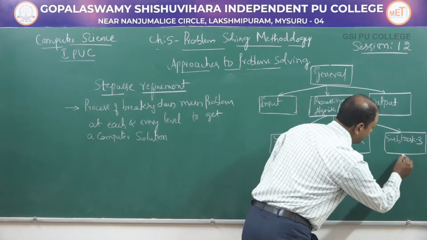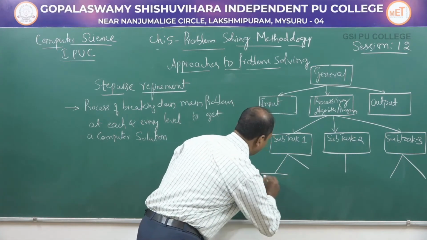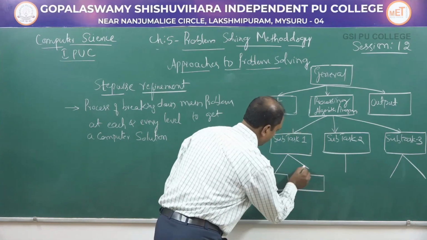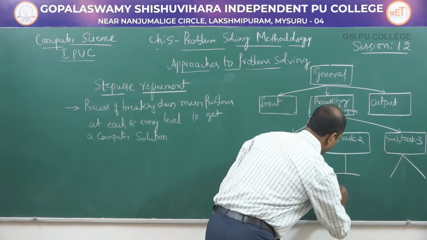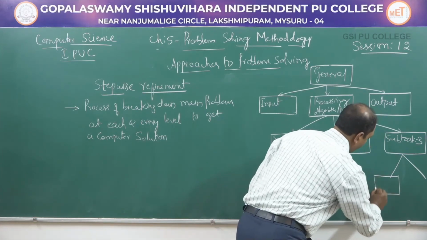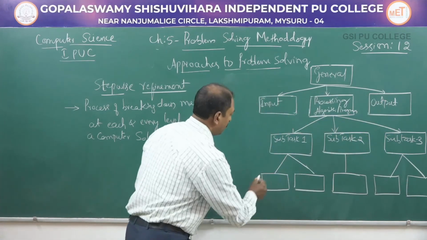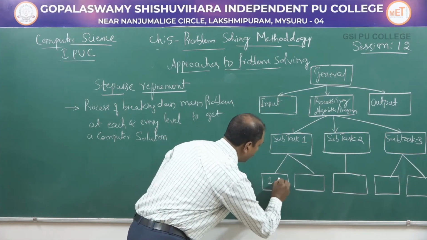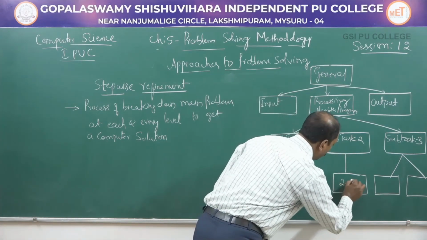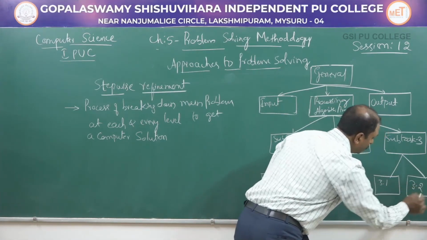a number of sub-tasks like, so here this can be sub-task 1.1, this is 1.2 and this is 2.1, or this can be 3.1 and 3.2.